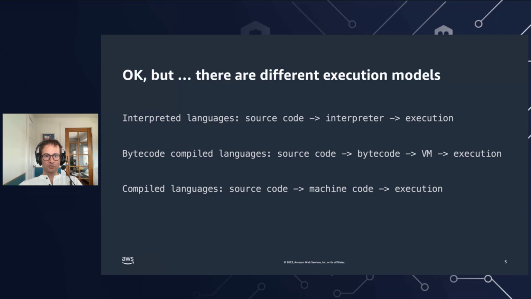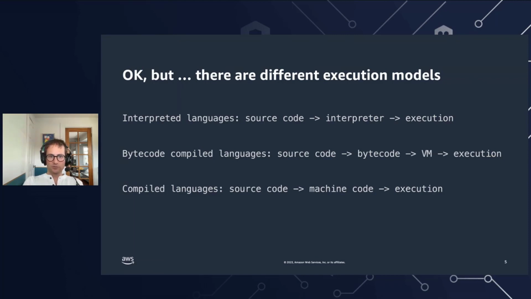You write some source code, there's no compilation step, and when you execute it, you use the interpreter to interpret the source code and generate on the fly machine code that can be executed by the processor. There's a little bit more complexity behind that. Some of the interpreters are actually doing some sort of just-in-time compilation behind the scene before they do execute, but let's make it simple.